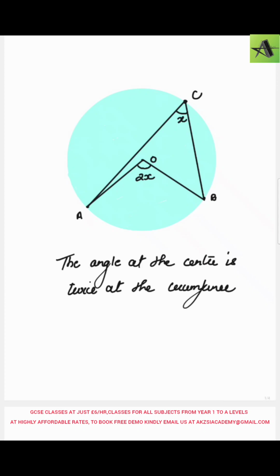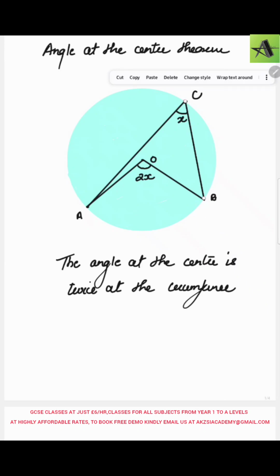And don't just write circle theorem 1 or circle theorem. It won't work. You have to write down the name of the theorem. This is called the angle at the center theorem. If you're writing the angle at the center theorem, that's fine, but I would suggest that writing the statement is much more appreciable and workable.